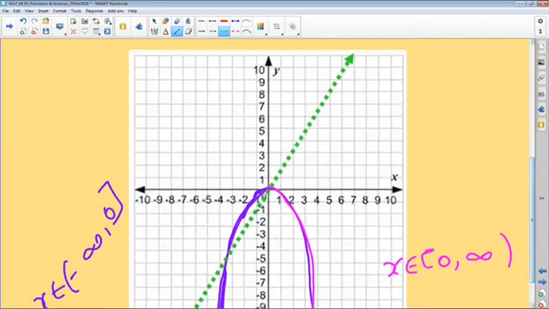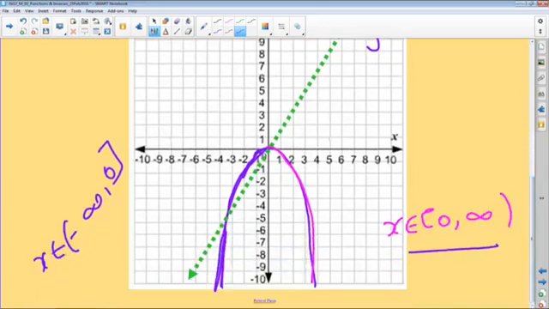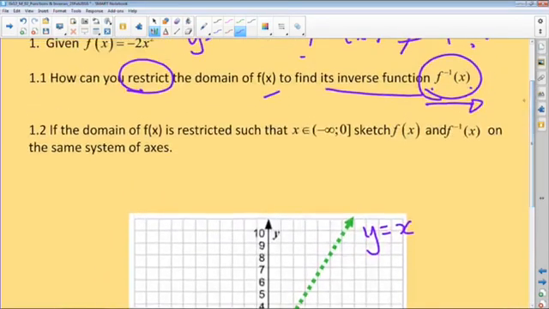So I've just drawn in our line of symmetry when we're dealing with inverses. All right. So there's two things you could have done here. Your answer could have either been that I can restrict it to the positive side, or I can restrict it to the negative side.